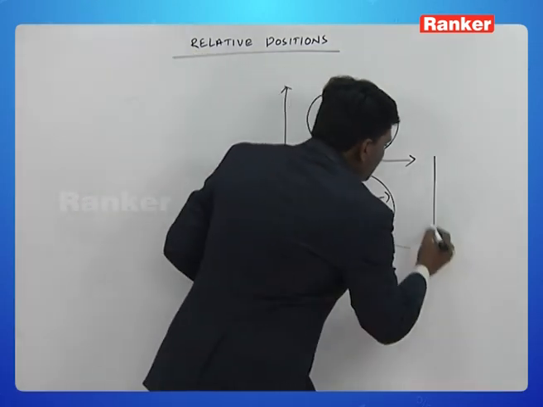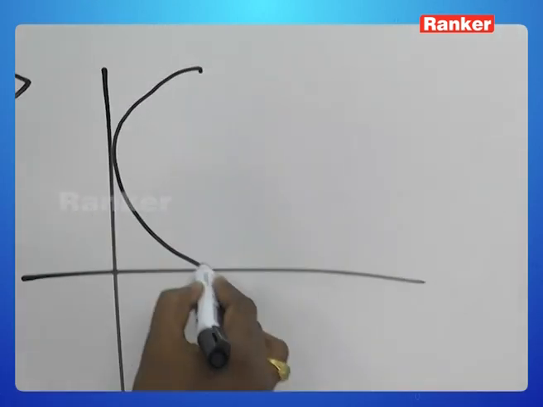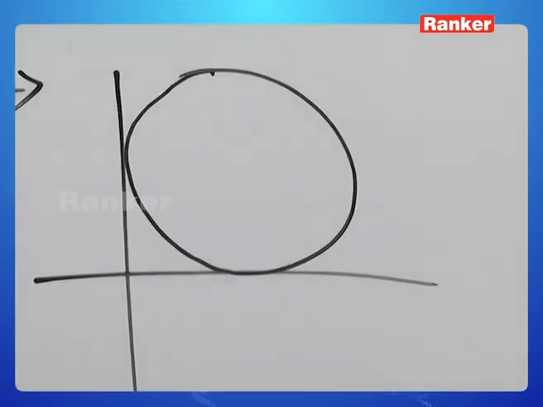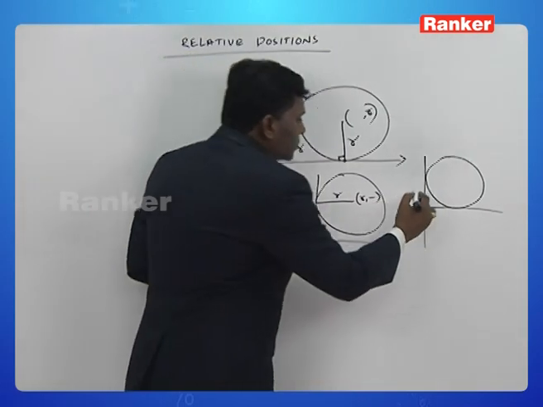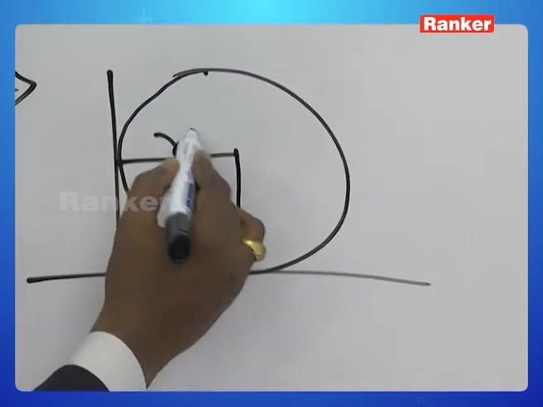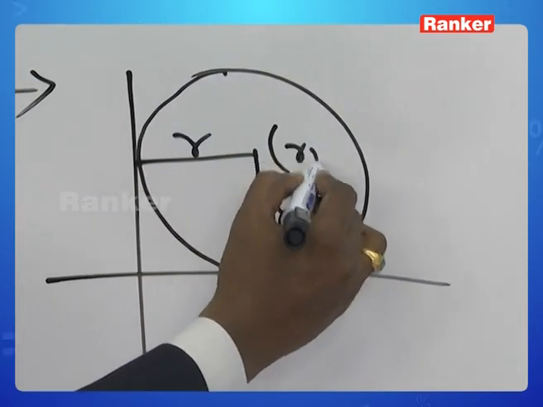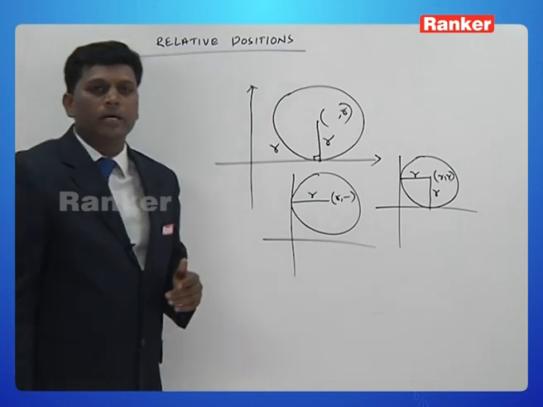And if a circle is touching both the axes, x and y-axis both simultaneously, then both of these will be equal to r, then the center will become (r, r).